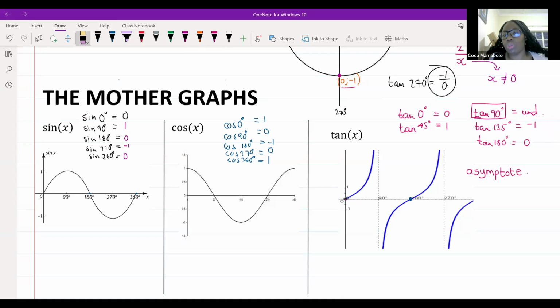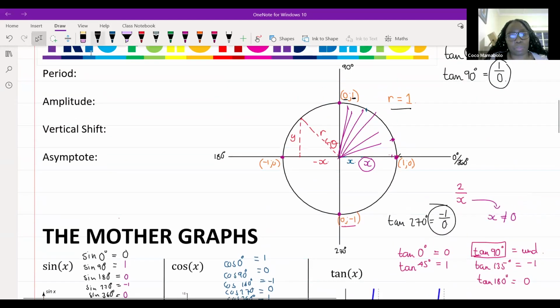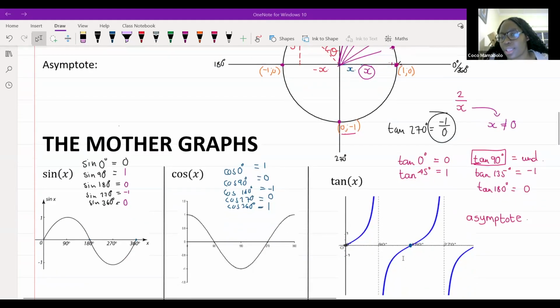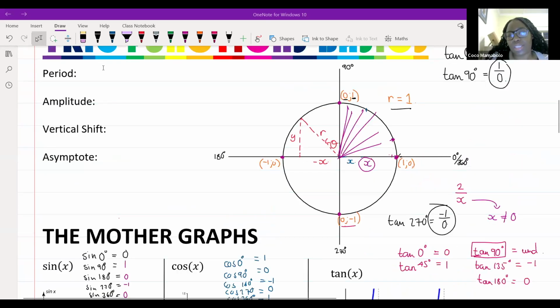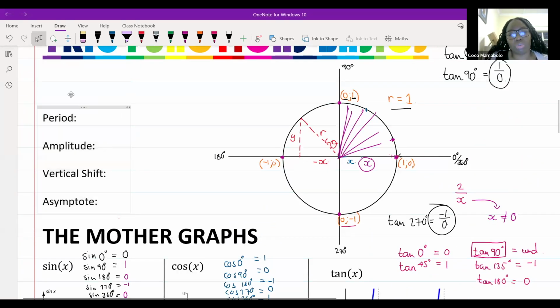All right, so everything that ma'am has said here is very, very important. It's going to be coupled with the following things: the period, the amplitude, the vertical shift, and the asymptote. Now, the asymptote really only exists for tan, because tan is the only one that has an asymptote. But we're going to talk about where these things actually come from and what they mean.